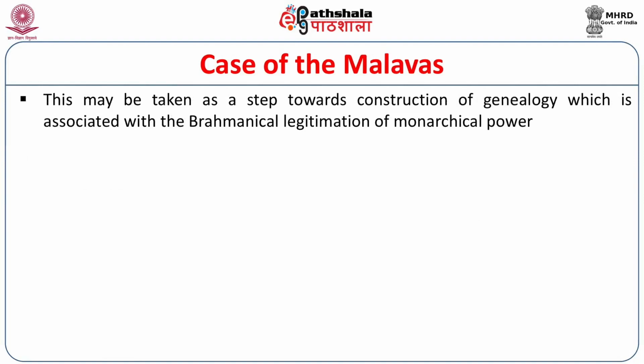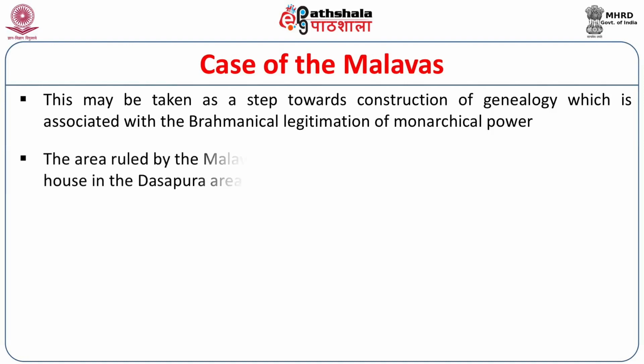Now the performance of such vratas or sacrifices also indicates their inclination towards a monarchical structure. And they were also constructing their genealogy, which is associated with the Brahmanical idea of legitimation of monarchical powers.